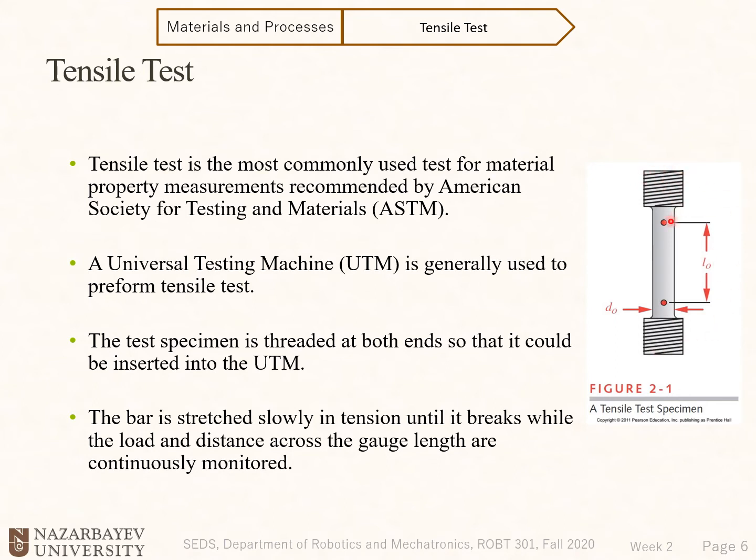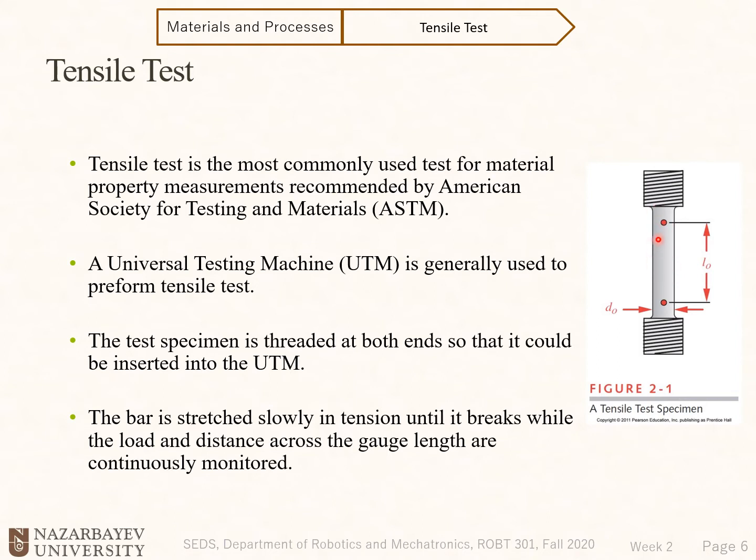These are the threads at both ends, so it can be inserted into the UTM. The bar is stretched slowly in tension until it breaks, while the load and extension across the gauge length are continuously monitored. So this is the gauge length, okay?